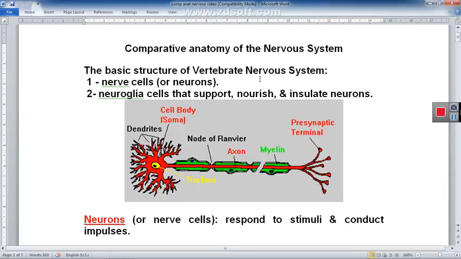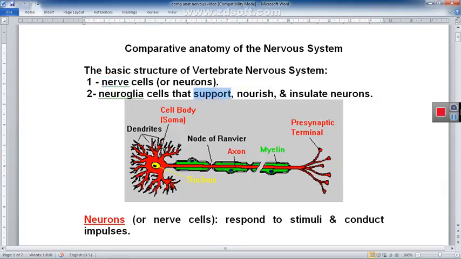As an introductory subject to comparative anatomy of the nervous system, we must say that the basic structure of the nervous system in vertebrates is formed of two types of cells, nerve cells and supporting cells.